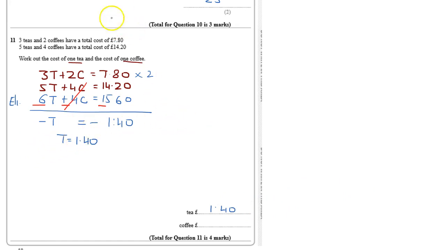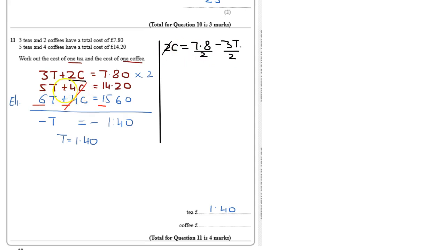Second, I can use the substitution method also. Let me find the price of c. So I can write 2c is equal to 7.8 minus 3t. So c is equal to 7.8 over 2 minus 3t over 2.